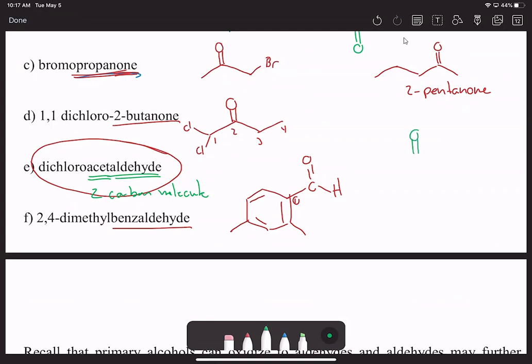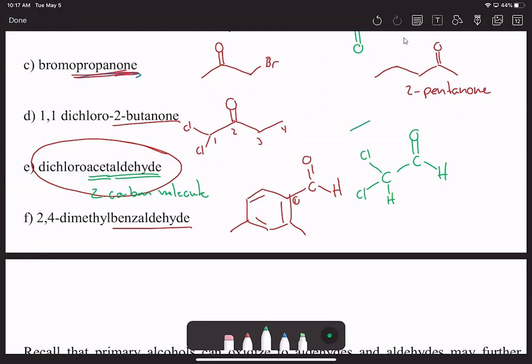So let's draw a 2-carbon molecule that has an aldehyde functional group. And then here it says dichloro, which means I have 2 chlorines. So dichloro. So this is dichloroacetaldehyde.